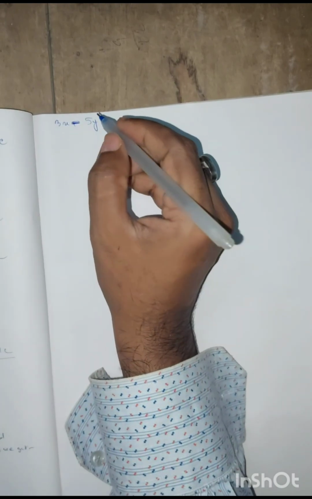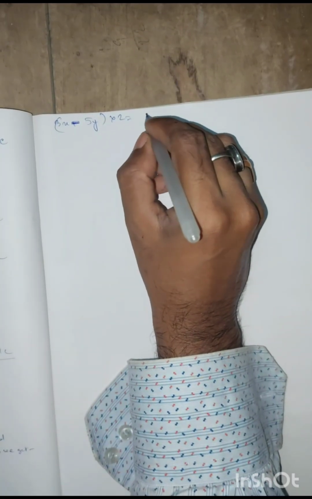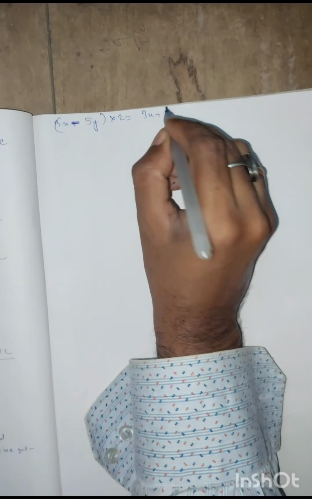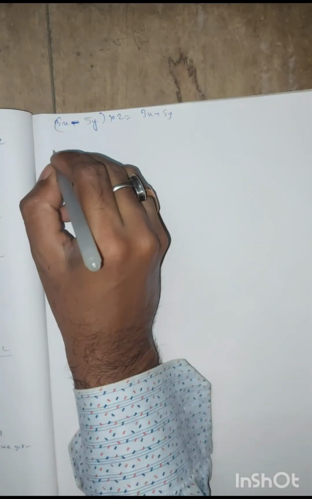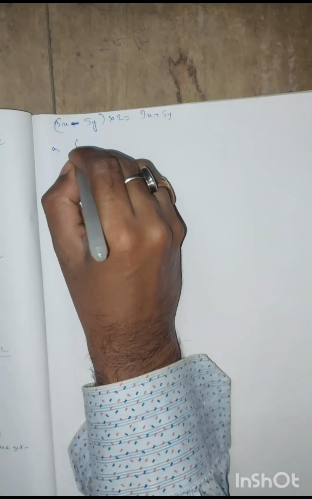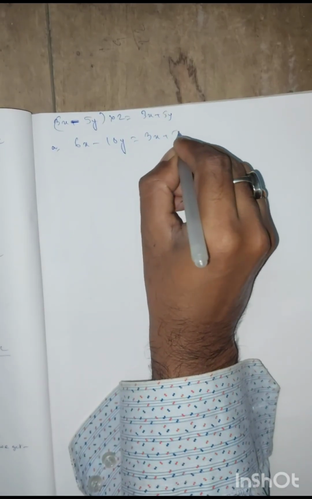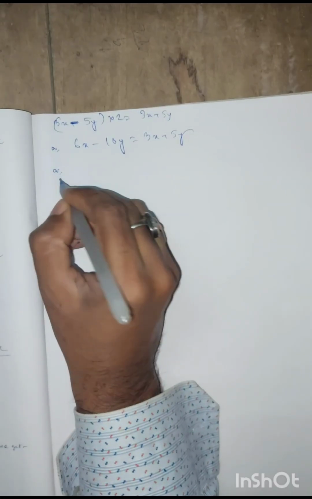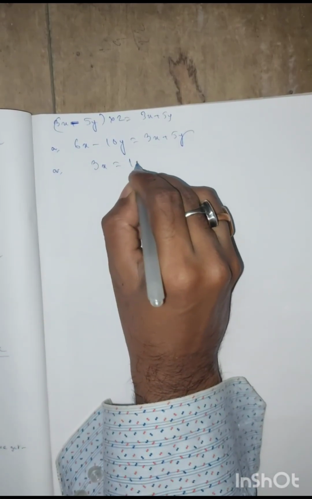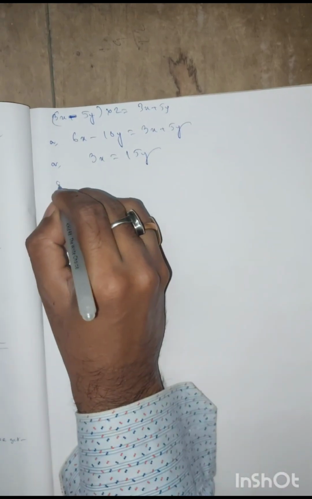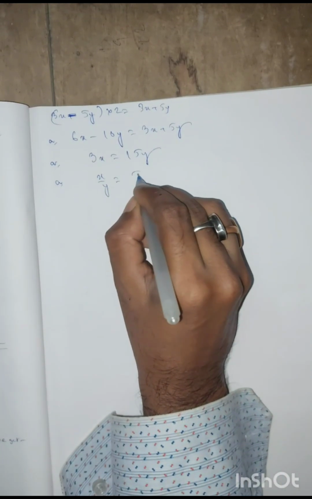3x minus 5y into 2 is equal to 3x plus 5y. Now we can write 6x minus 10y is equal to 3x plus 5y, or 3x equal to 15y, or x by y is equal to 5 by 1.